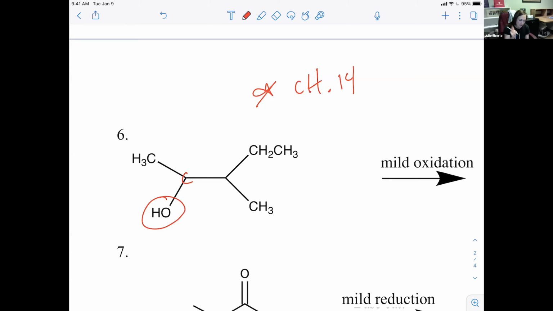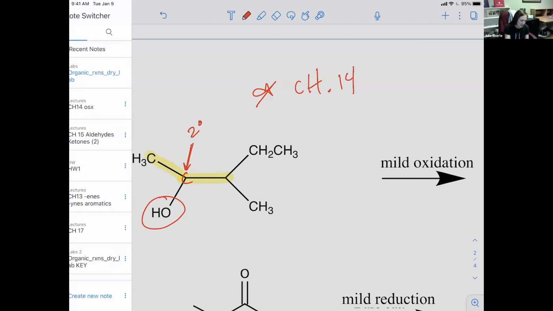The number of carbons bonded to this carbon. So how many other carbons is this carbon bonded to? 2. Good, so this is a secondary alcohol.